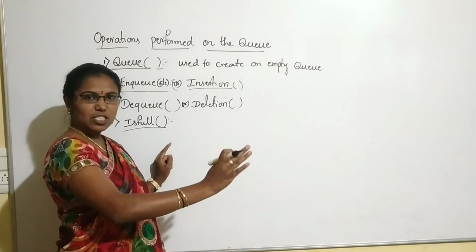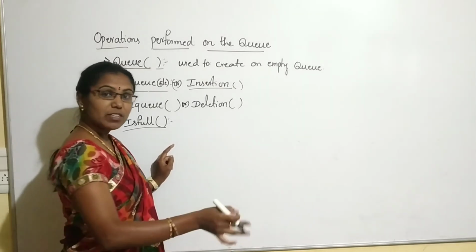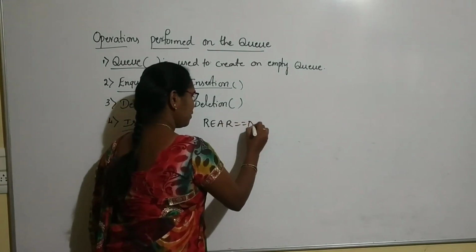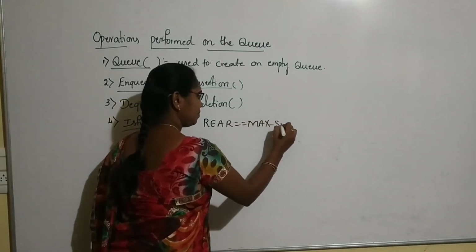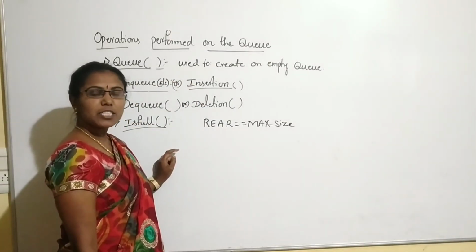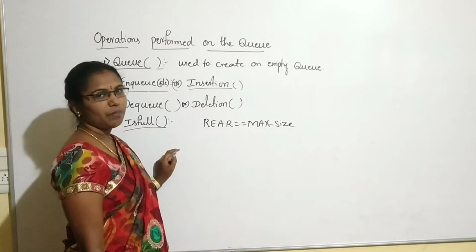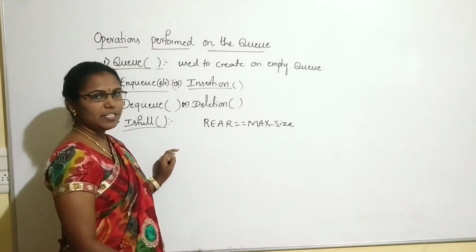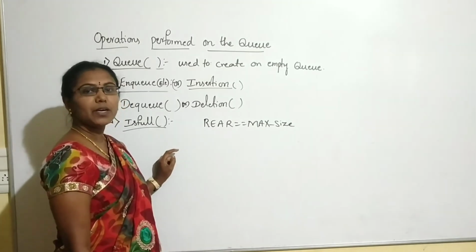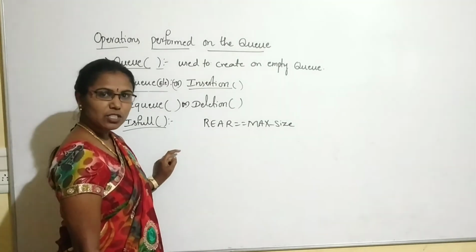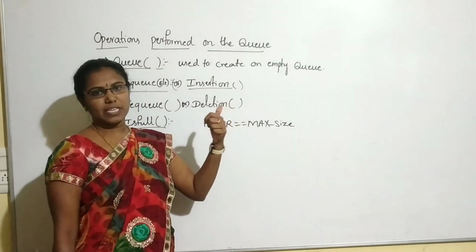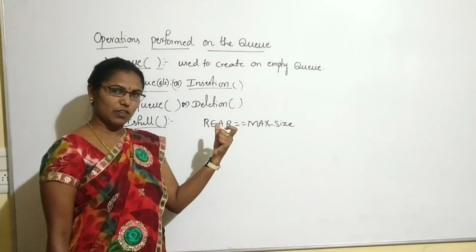When rear equals maximum size, it will give the exception statement that the queue is full, so we stop the insertion operation. Clear? The condition used to check whether the queue is full is rear equals maximum size.